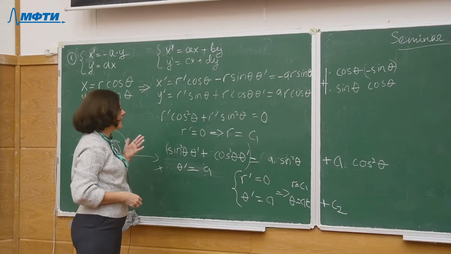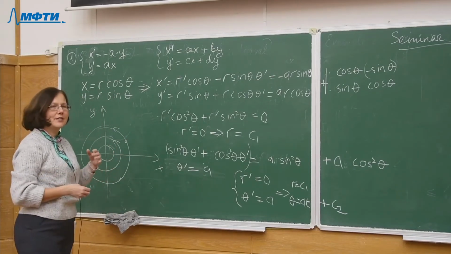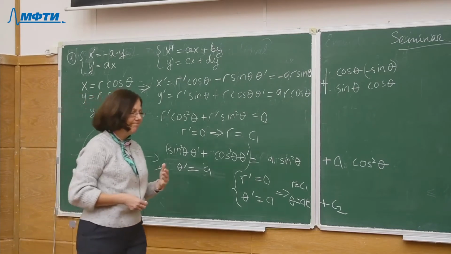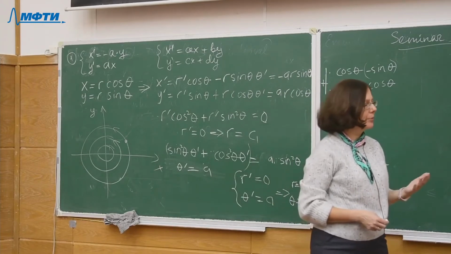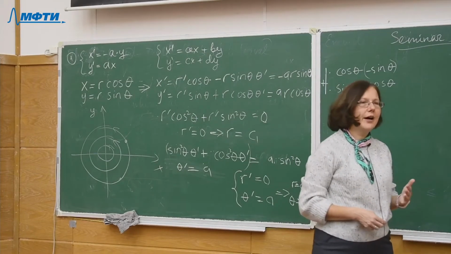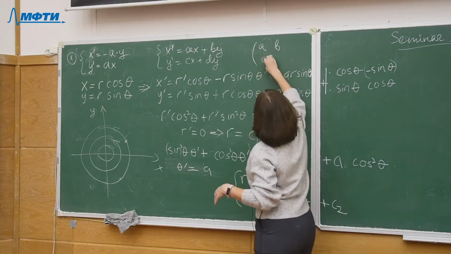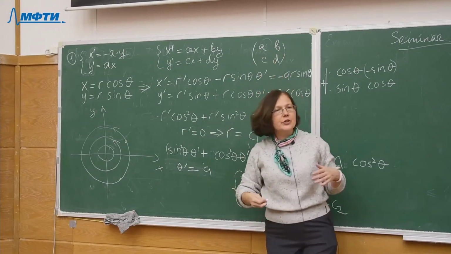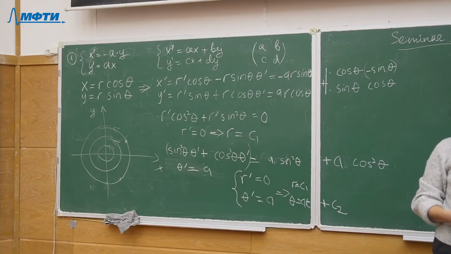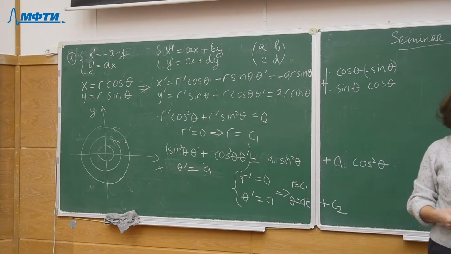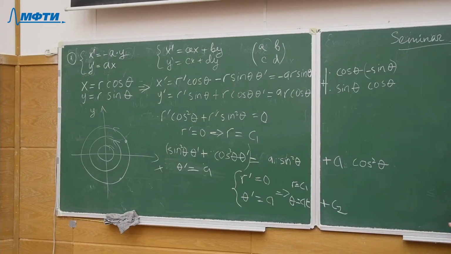It will not necessarily be a spiral, it will behave in different ways, and you will become familiar with this different behavior, and you will be able to determine the behavior from the matrix a, b, c, d. Using the properties of this matrix, you will be able to determine the behavior of the solution of this linear system. So this is our closest goal, and we will discuss this next time.